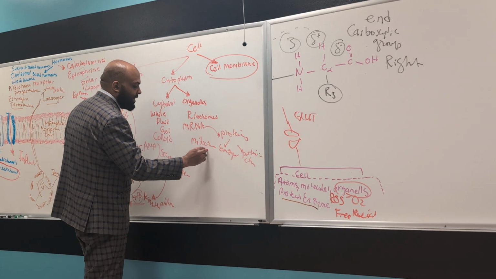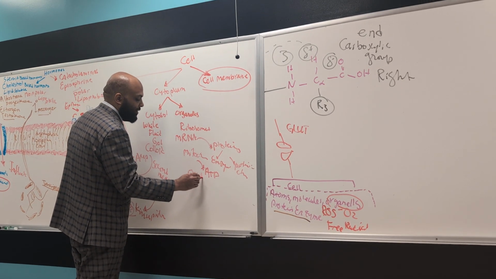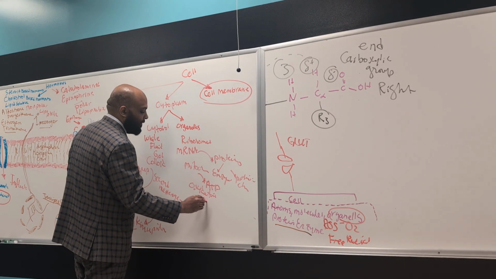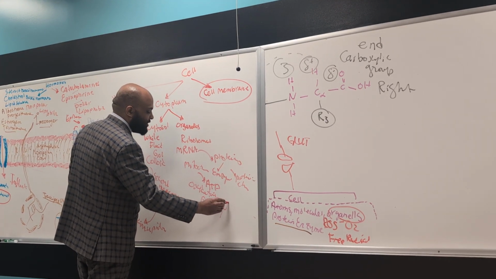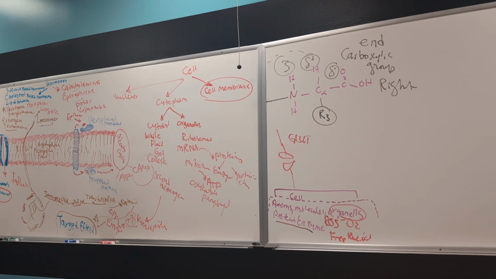The mitochondria gives the cell ATP through oxidative phosphorylation. It also kills the cell.